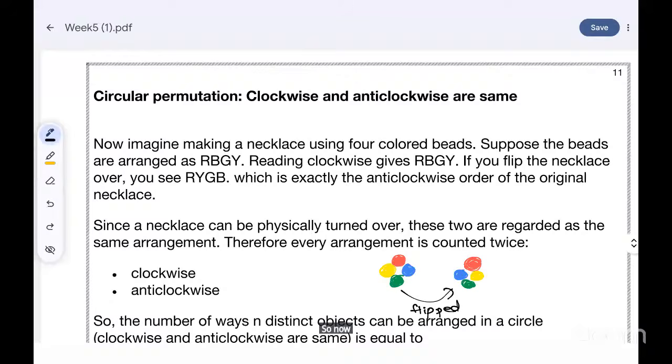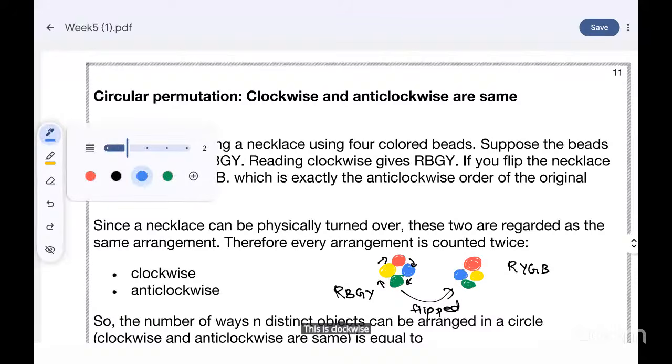So now look at the arrangements. This is red, blue, green, yellow. This is red, yellow, green, blue. So whatever is in clockwise is the same as the anti-clockwise. From red here, this is clockwise.